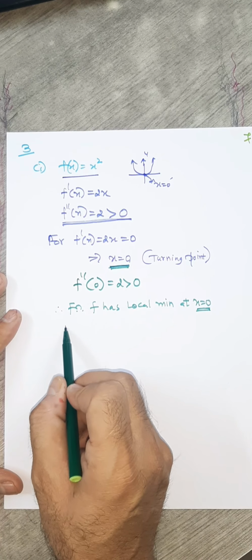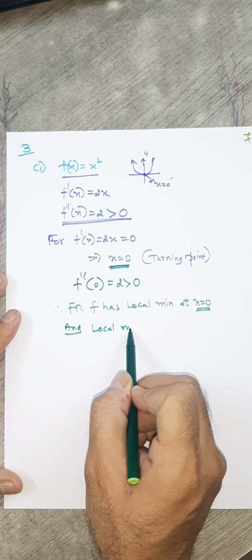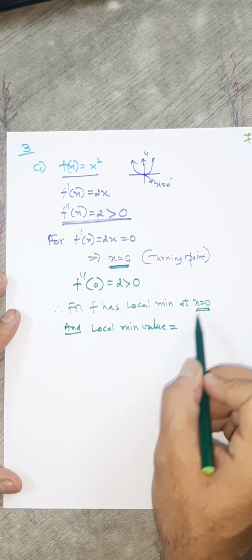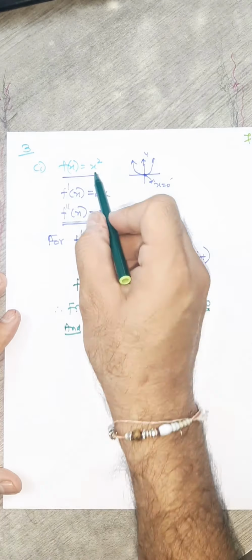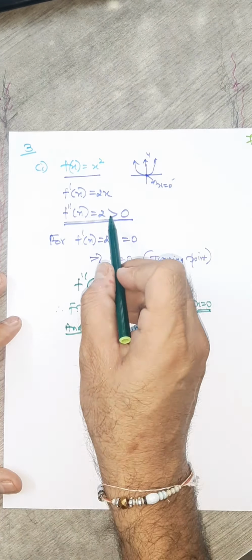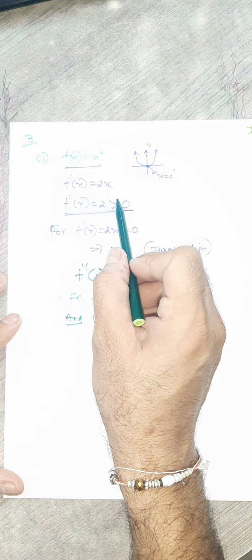And what's that minimum value? The local minimum value equals f of c, that is f of 0. So put x equals 0 here, which is 0, right? And this is always greater than 0. To get a local maximum, this may be negative, but here it's never negative.